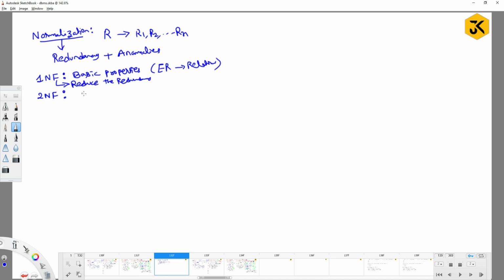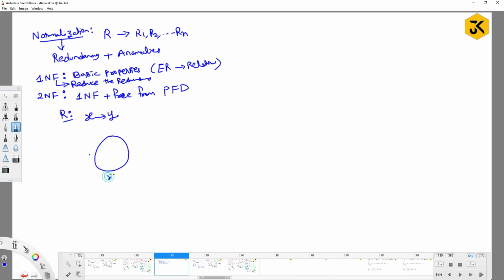This second normal form says that the relation must be in first normal form and it should be free from partial functional dependencies. Free from partial functional dependency, I can call it 2NF. Meaning, if there is an FD for the relation R, that is X determines Y, where X is a candidate key.